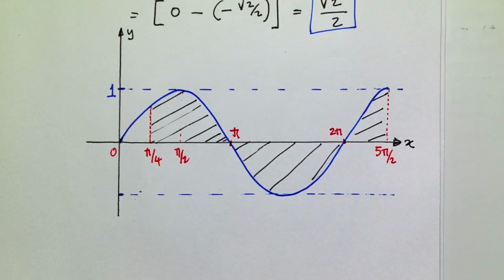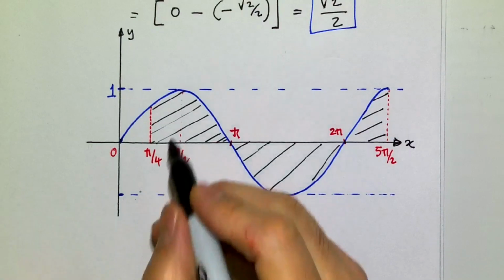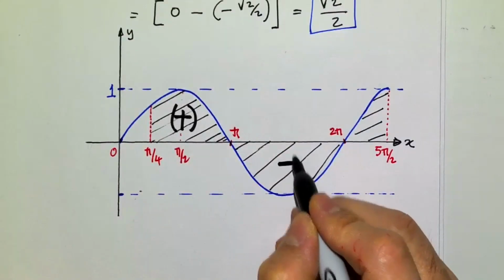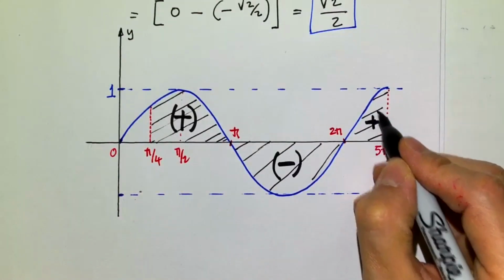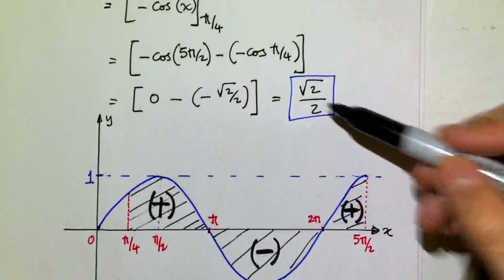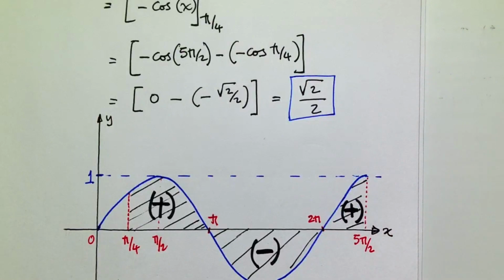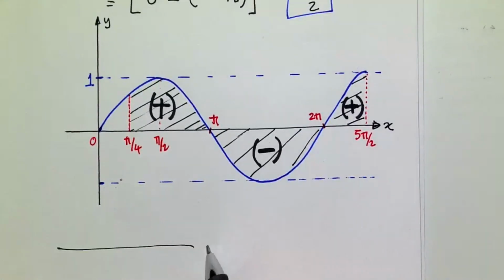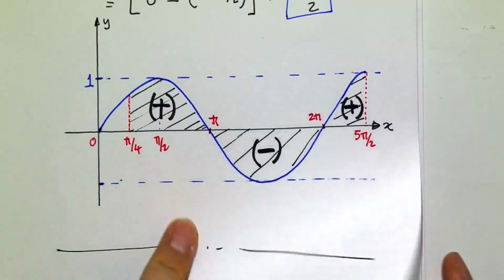So the net area means we have a positive area here, a negative area here, and a positive area here. If you add all these, the net area is positive square root of 2 over 2. So it's less than 1. That's also worth noticing. Okay, it's a small quantity. All right, so let's look at another example.